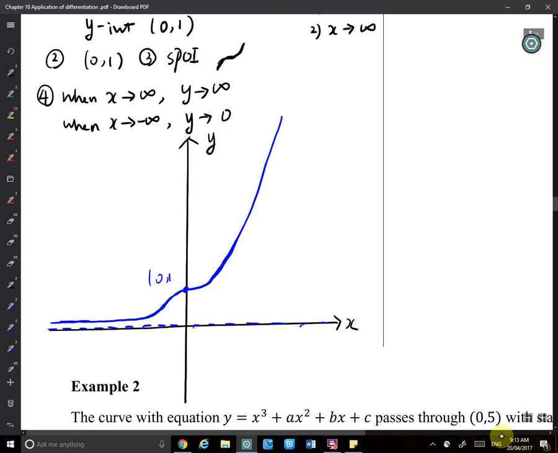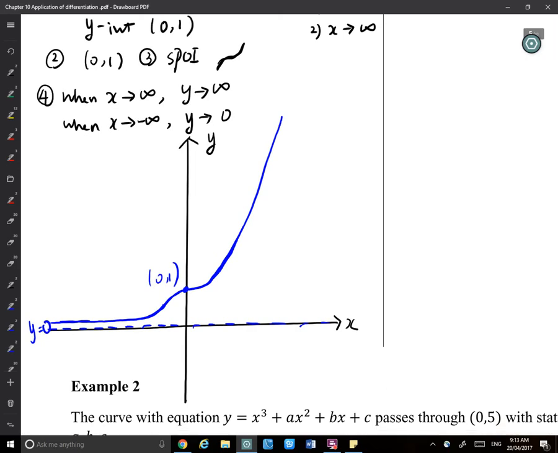And that is (0, 1). That is y equals 0. Can you see it does make sense? Because the lower end is approaching 0, and the right hand side goes to positive infinity. And this point is a stationary point of inflection, and it has the y-intercept here. There's no x-intercept, and the domain is R. It satisfies all the things we have just written.